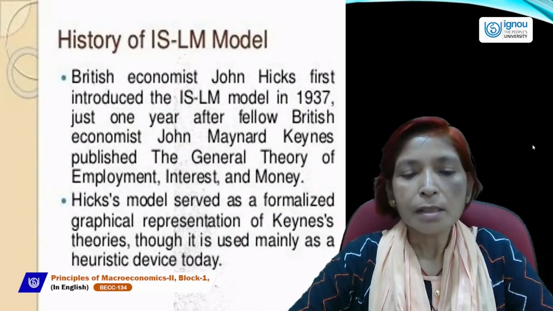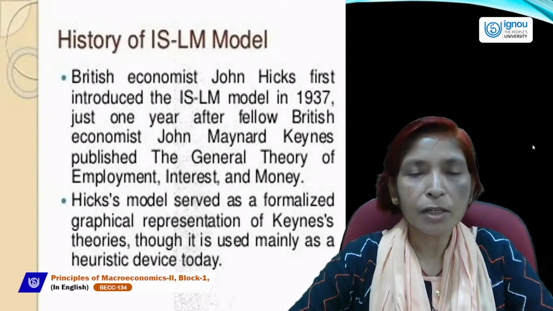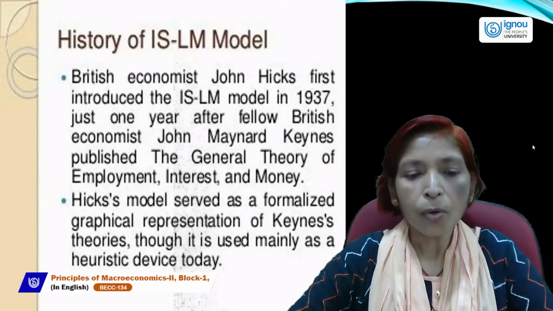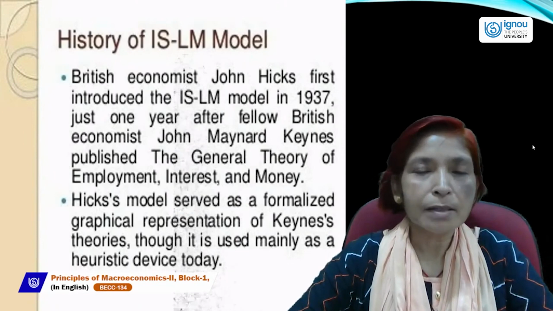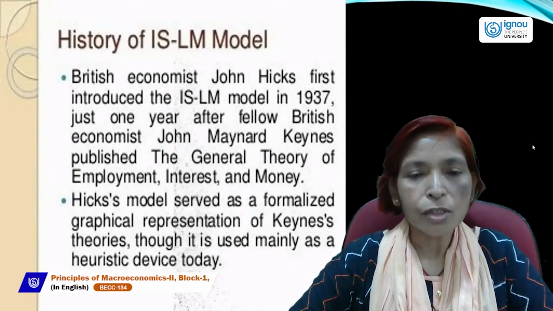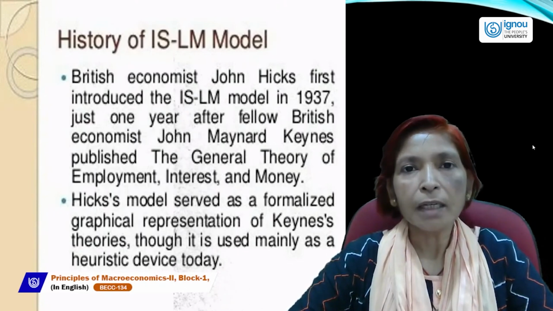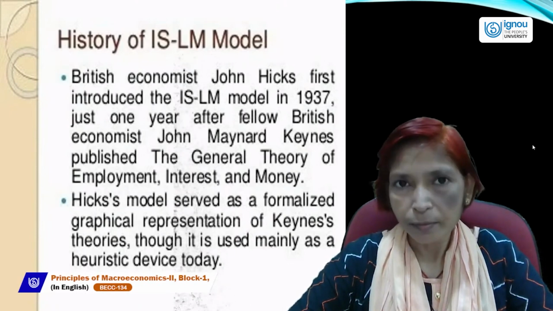Hicks' model served as a formalized graphical presentation of Keynes' theories, though it is used mainly as a heuristic device today. According to J.R. Hicks and John Maynard Keynes, IS-LM generally establishes the equilibrium rate of interest.